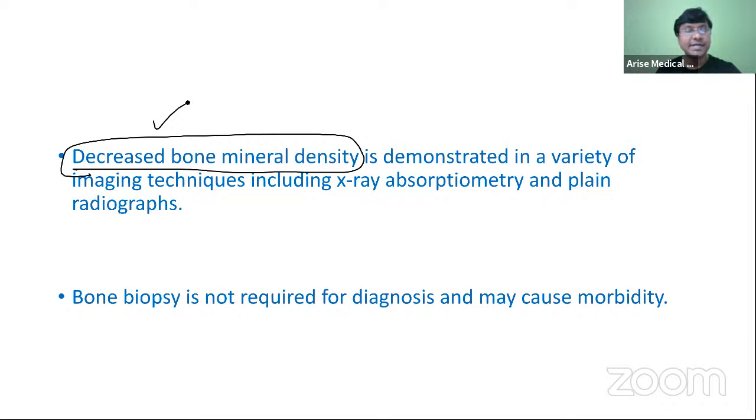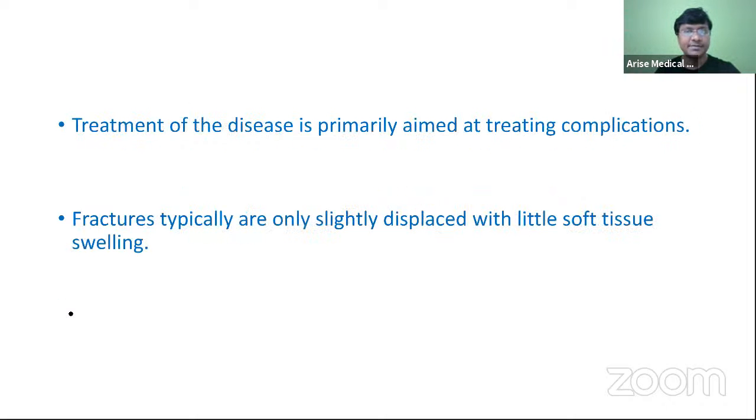In these patients, remember, bone biopsy is not required. Then what is the treatment? There is no specific treatment. You need to treat the underlying complications.